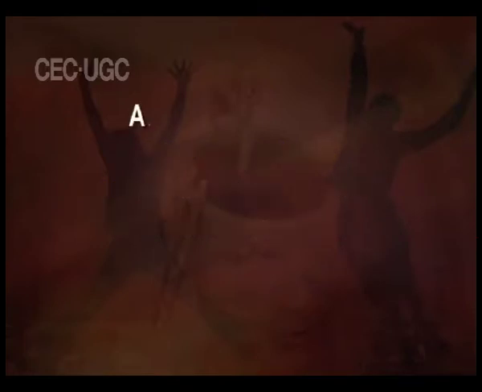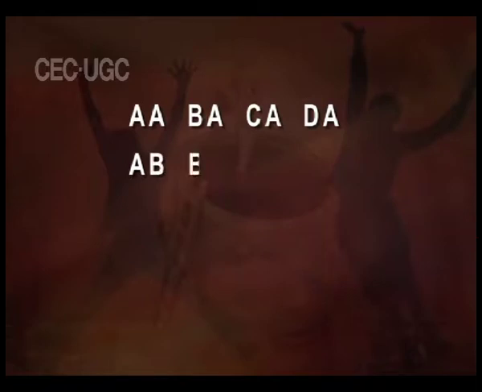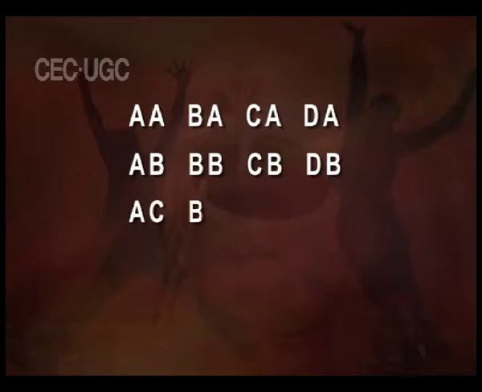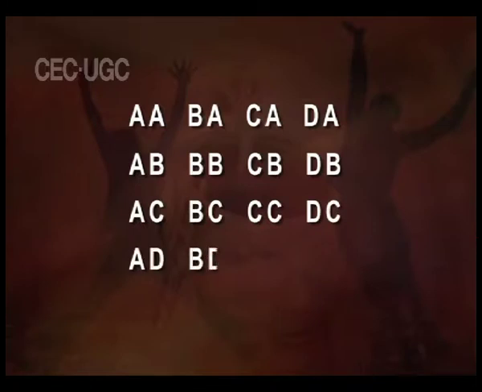We could have A and A, B and A, C and A, D and A, B and B, C and B, D and B, A and C, B and C, C and C, D and C, A and D, B and D, C and D, or D and D as our sample.